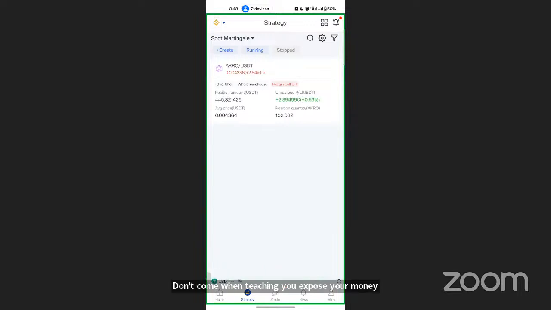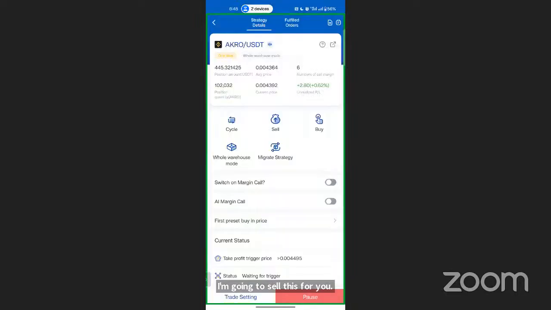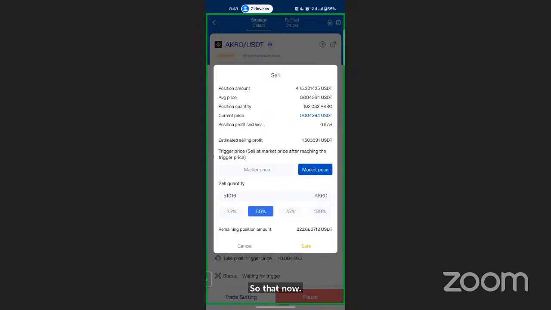So, for learning purposes, I'm going to sell this coin, but let me sell off only 50%. Okay? So when the coin is in the whole warehouse mode, let me teach this.